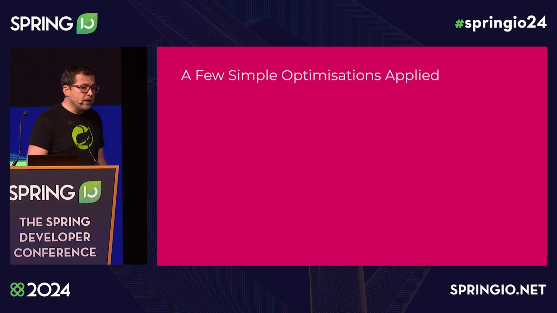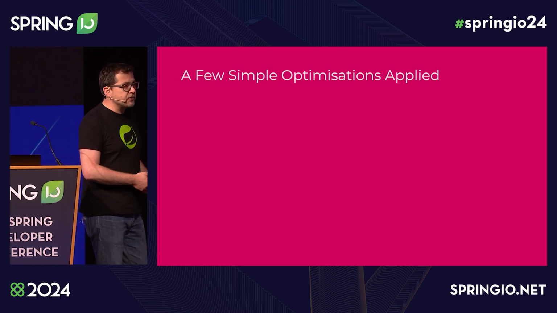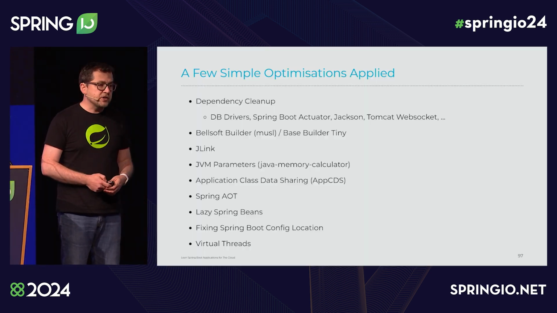Okay, so let's have a look at some examples where we just do some simple optimizations on the app. In this case, I'm going to remove some dependencies. I use a specific builder. I use JLink to shrink the JVM down. I add some JVM parameters, which are there anyway because the Java memory calculator is used all the time.